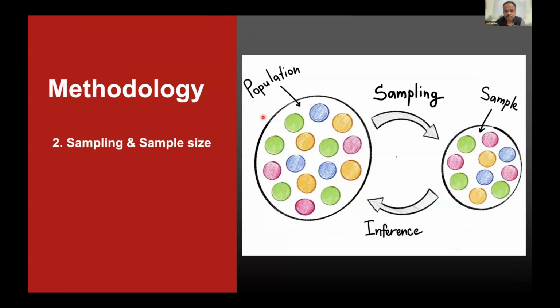Then we need to understand your sampling methods and sample size. First, what is meant by sampling? Sampling is nothing but the procedure by which your sample is taken from the study population. The method or the process by which the study sample is taken from the study population is called sampling.